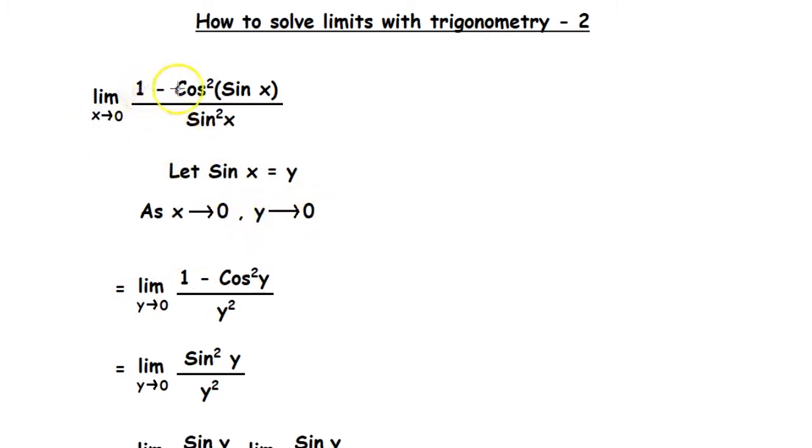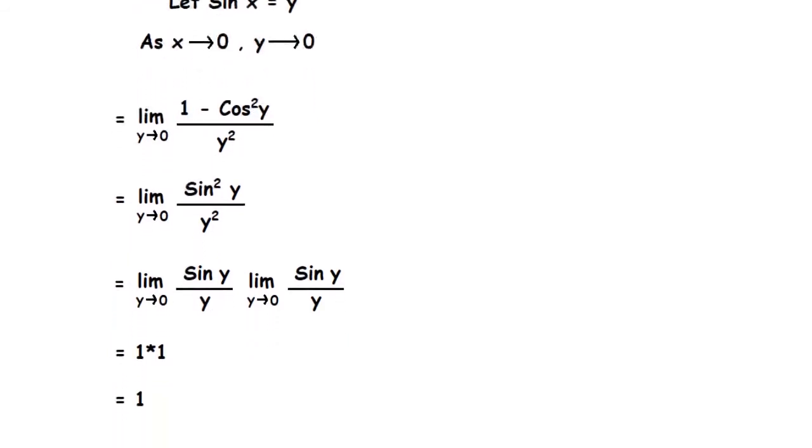So then we can substitute this to get limit of 1 minus cos squared y divided by y squared as y tends to 0. So from trigonometry we know that 1 minus cos squared y can be written as sine squared y. So here what we can do is we separate this sine squared y divided by y squared into separate limits.